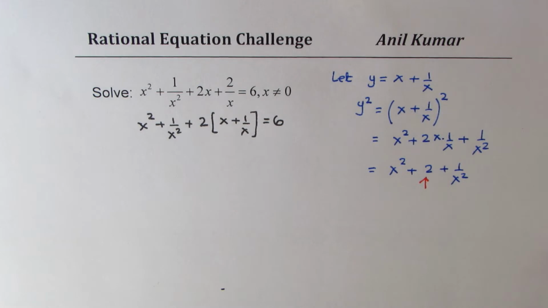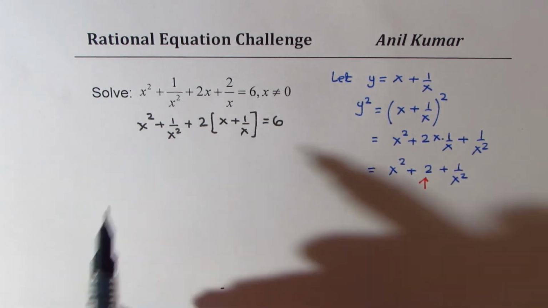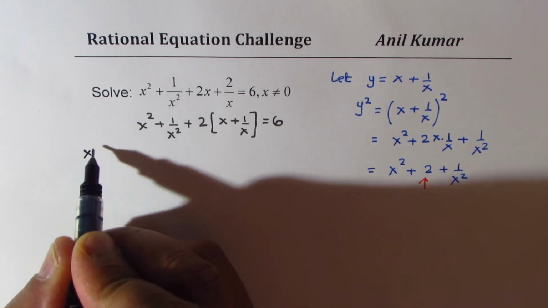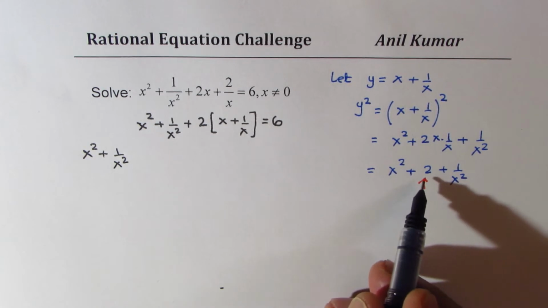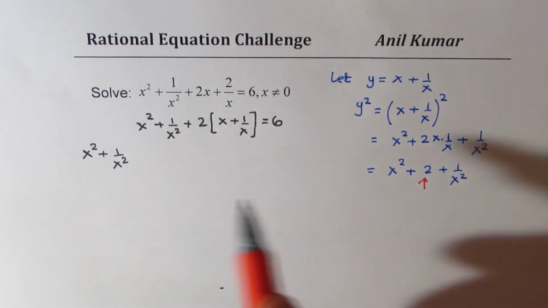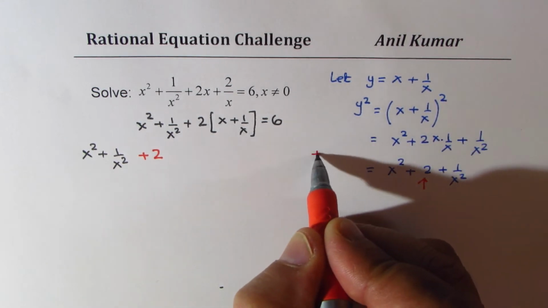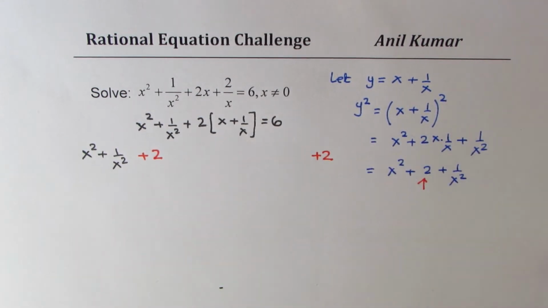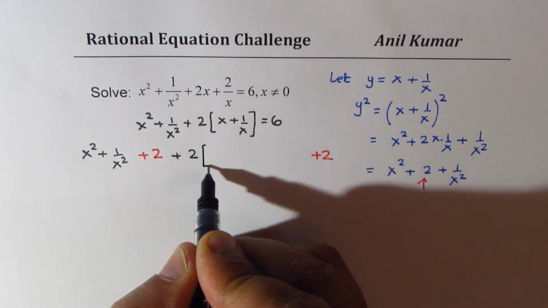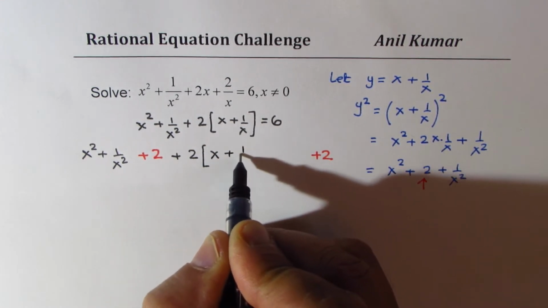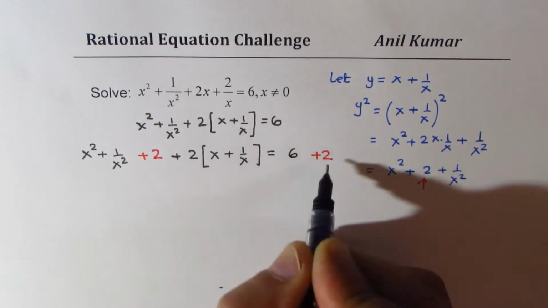I'll add 2 to both sides. So then we could write this equation as x squared plus 1 over x squared, and I'm adding this 2 to the left side, and also we'll add 2 to the right side. So let me write the other terms, which is 2 times x plus 1 over x is equal to 6 plus 2.